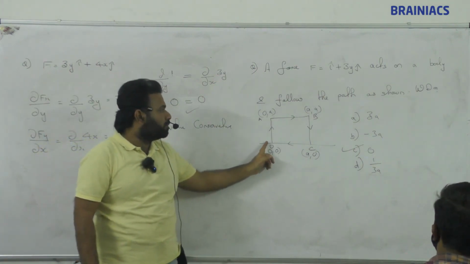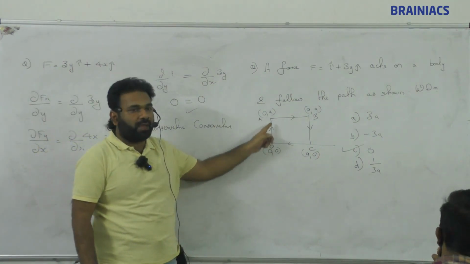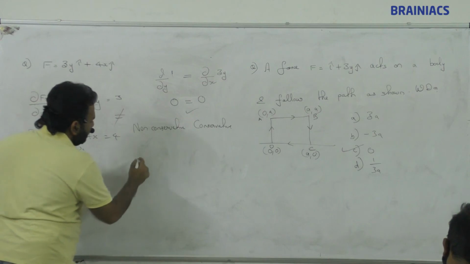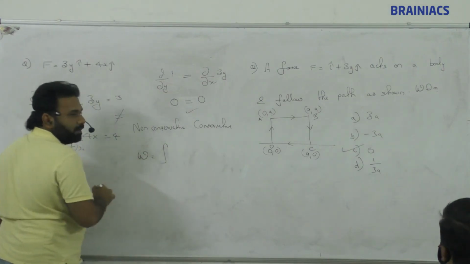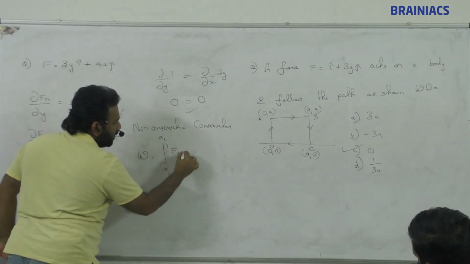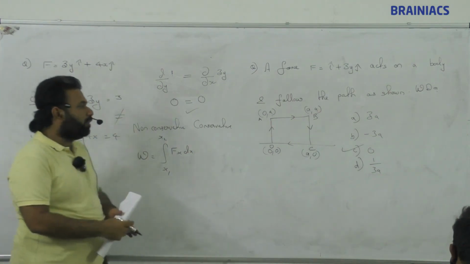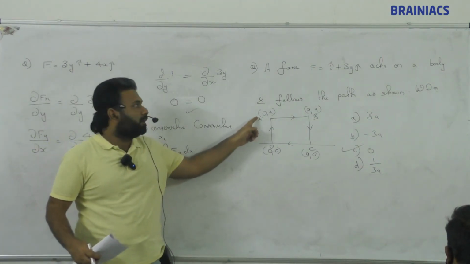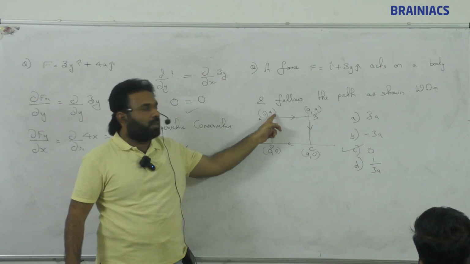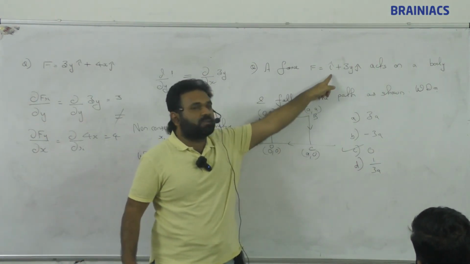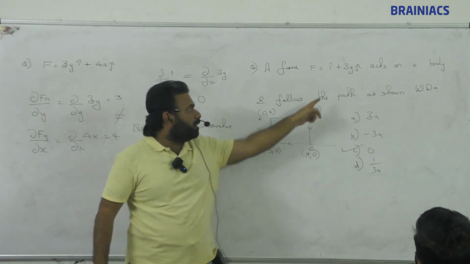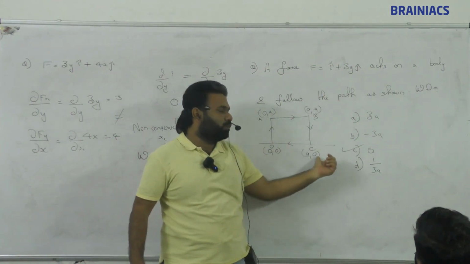From O to A, just like this one we have done now, work is equal to the integral from x1 to x2 of F dx. When we do O to A, consider this one and put the limits from 0 to A. When we do A to B, consider this part and put the limits from 0 to A. When we do this one, put the limits from A to 0.